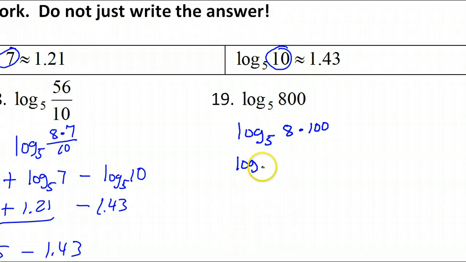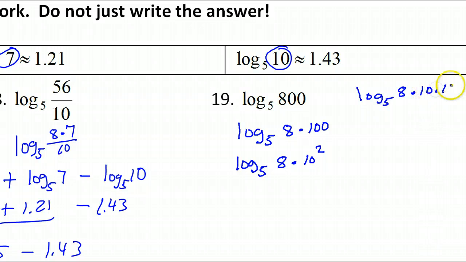So this is what we're dealing with. We have log base 5 of 8 times 10 squared. So now I've got my 8 and my 10. Alright, and some kids would prefer just to do log base 5 of 8 times 10 times 10, and you will have 3 terms, and that works too. But I'm going to do it this way.